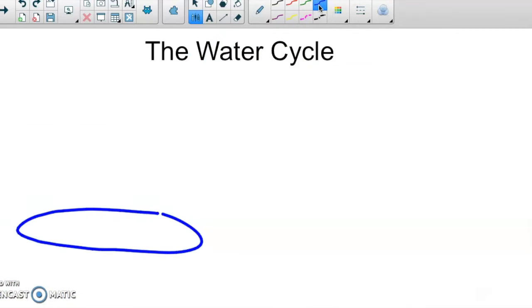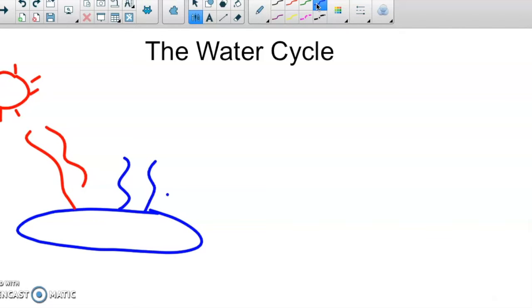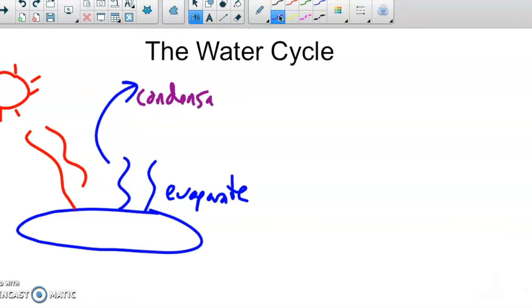Let's get a body of water here, and then we've got our sun, I'm drawing it red, but I'll come back to that in a second. And it's going to send down radiation, which is going to cause our water to evaporate. And what is the next phase in the water cycle? The next phase in the water cycle is condensation. And it's condensation that is going to form the clouds.